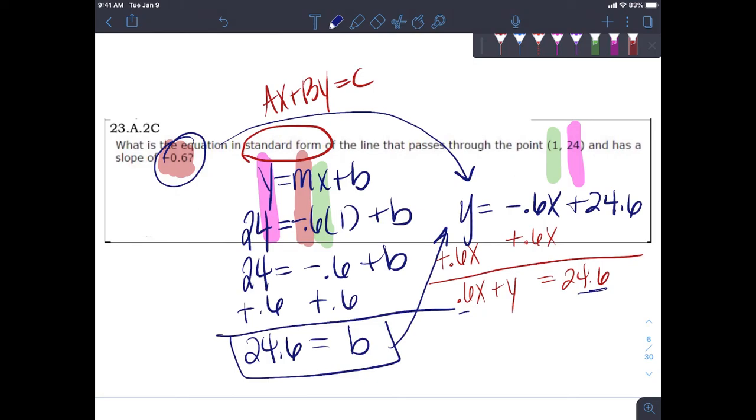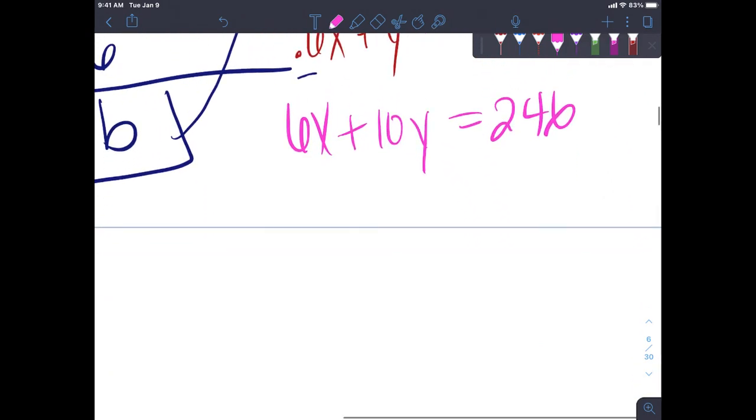Meaning, I can multiply everything I see by 10 in order to get all whole numbers. Notice how now everybody's a whole number.